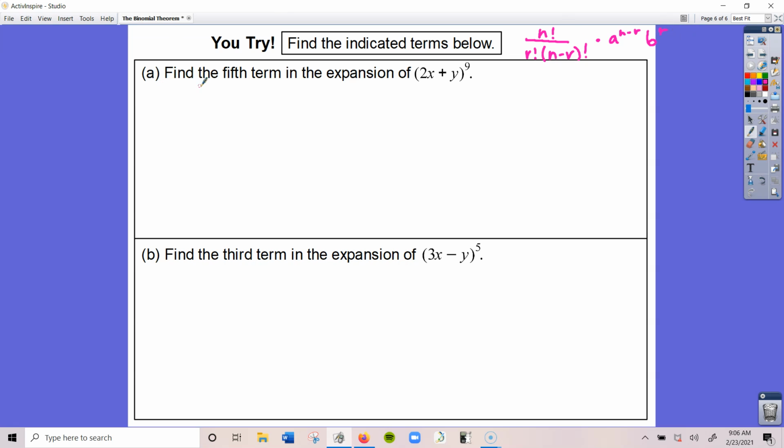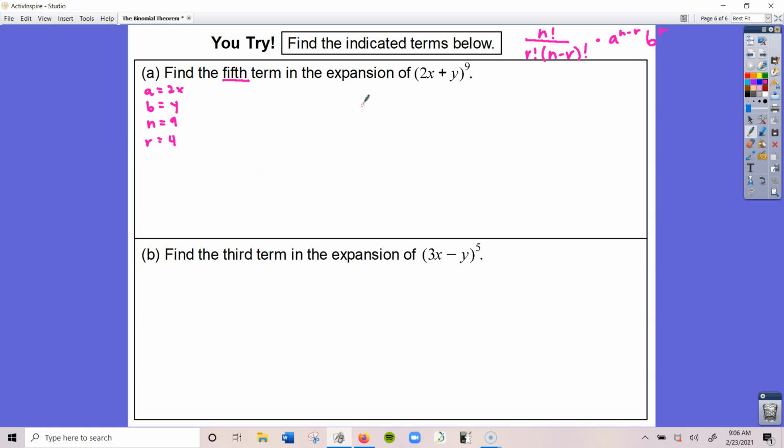So let's write out what is a, b, n, and r. In this case, a is 2x, b is y, n is the degree, so 9, and r is the term minus 1. I'm looking for the fifth term, so r is 4.